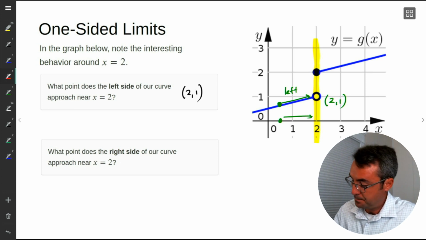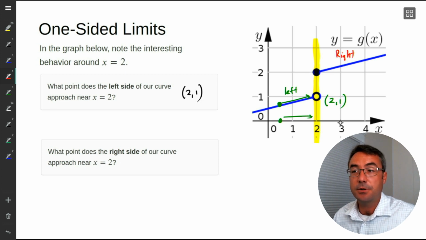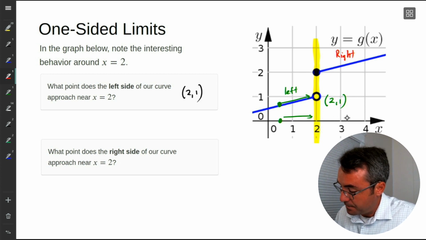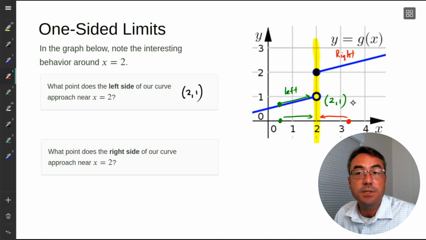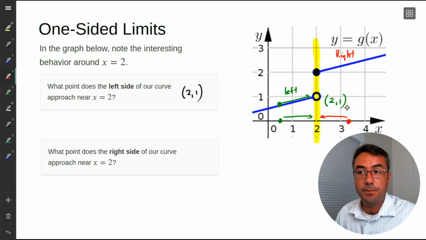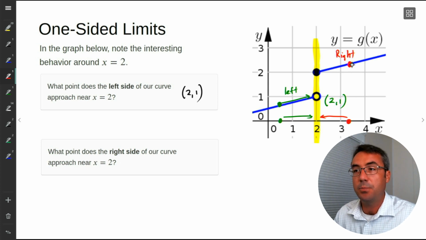Now on the right side, again, we identify x equals 2 here, and we want to start to the right. So we're going to start over here and pick some input value, and imagine this input value getting closer and closer to 2. We want to see what the corresponding point on our curve does. So here's our corresponding point.